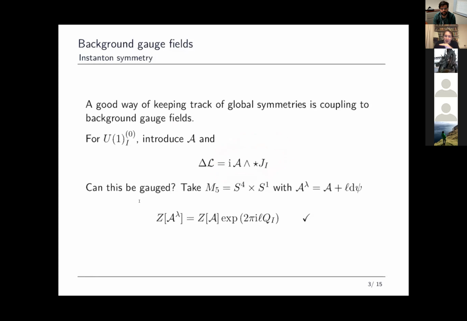Upon performing a large gauge transformation for the background gauge field by a closed but not exact one form with a winding number L, say, on the circle, the partition function of the theory changes by a phase that is just trivial because it contains the product of L, which is an integer, and Q, which is an integer by construction.